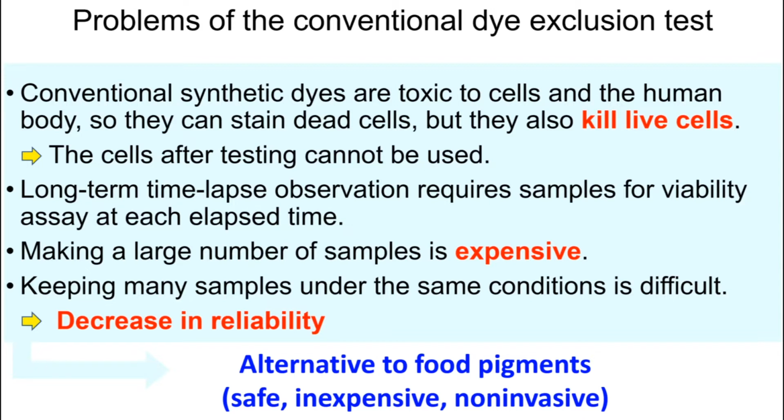Making a large number of samples is expensive. Keeping many samples under the same condition is difficult. As a result, the test becomes less reliable. Therefore, in order to perform DET safely, inexpensively, and non-invasively, conventional synthetic dyes are replaced with food pigments.